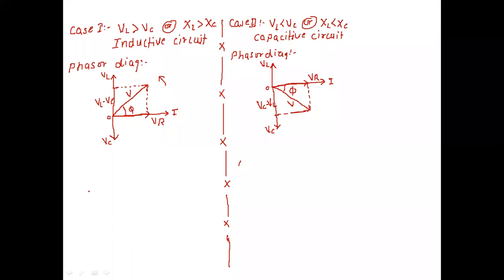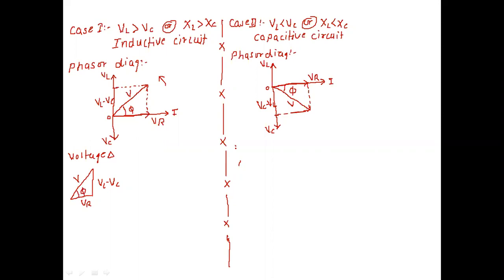Okay. Now based on both these phasor diagrams, we can draw the voltage triangle. Here I can draw the voltage triangle for the first case. This is the voltage triangle. This side represents VR, this side represents VL minus VC, this side represents V, and this is the phase angle phi.